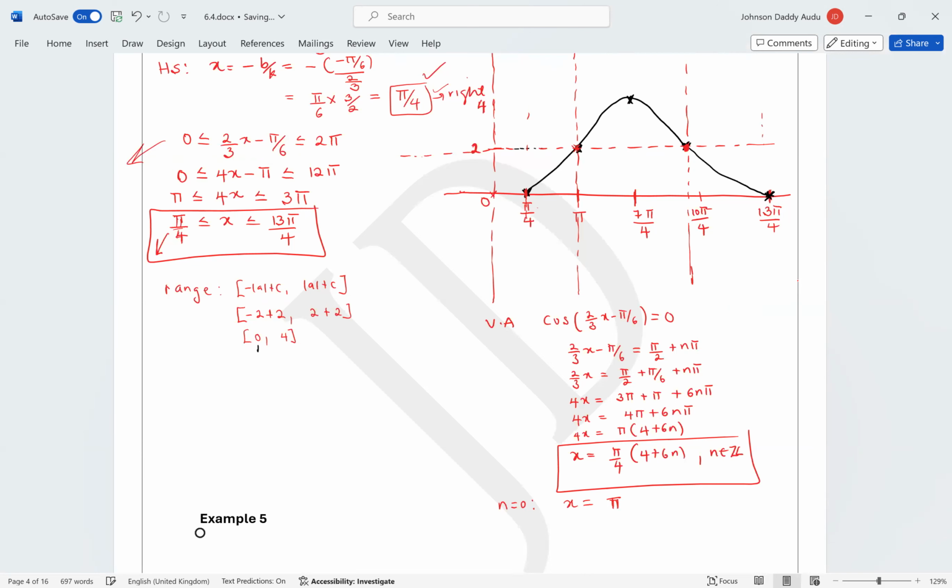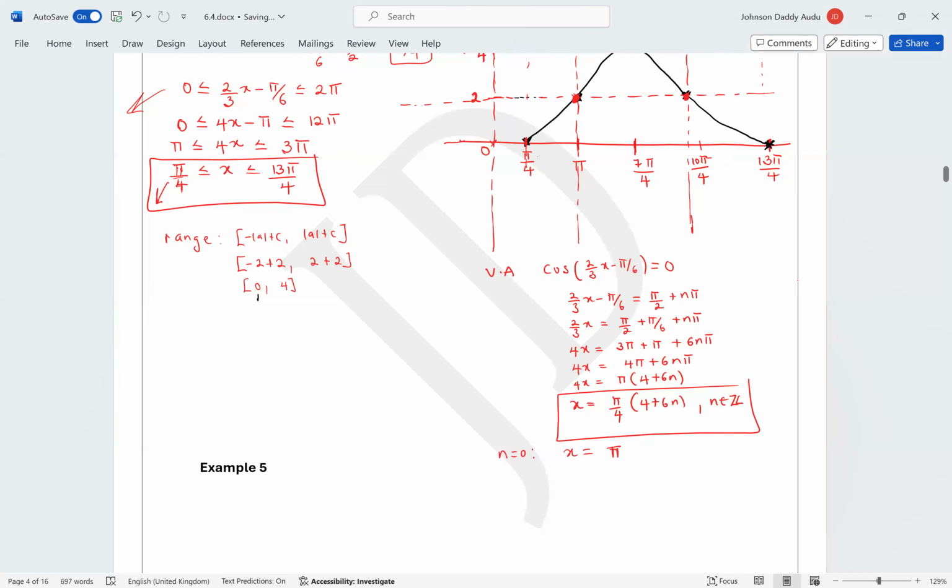So this is our first vertical asymptote, which is this point. It is pi, not pi over 4. Pi over 4 is the x-intercept here, but we're interested in where it cuts the baseline. That is seen as your x-intercept because the graph has been shifted 2 units up.